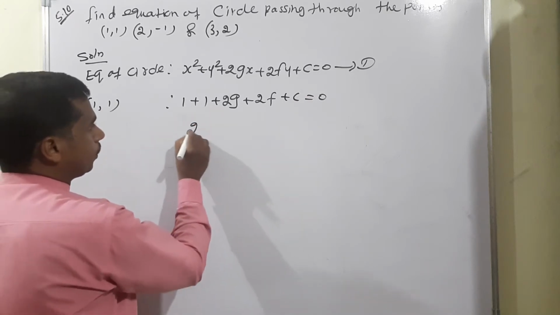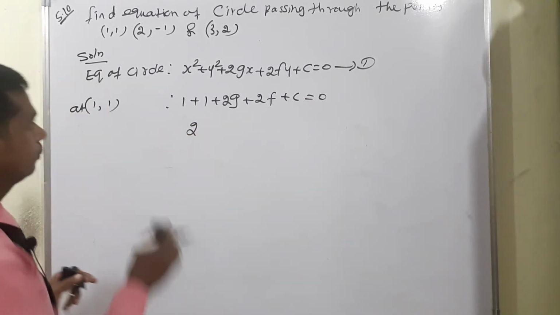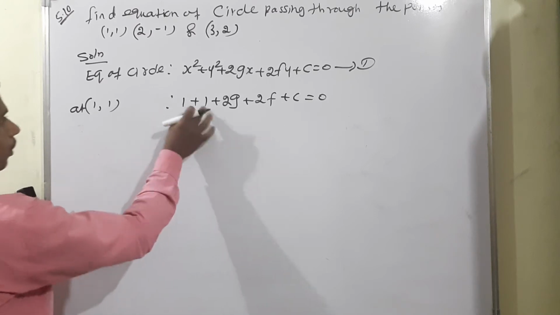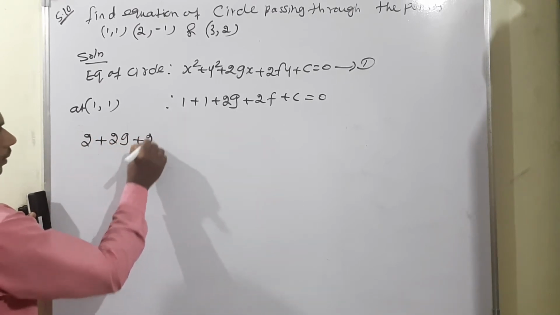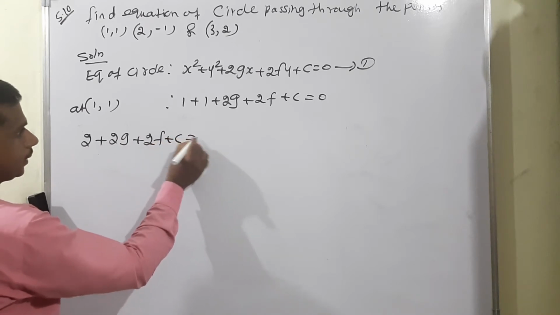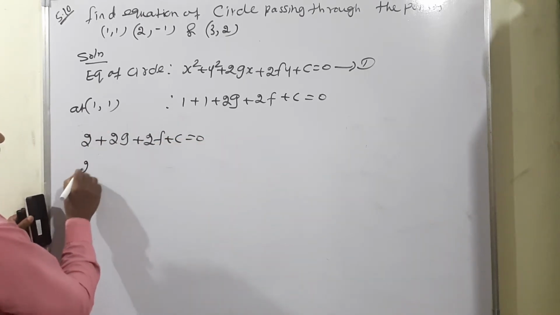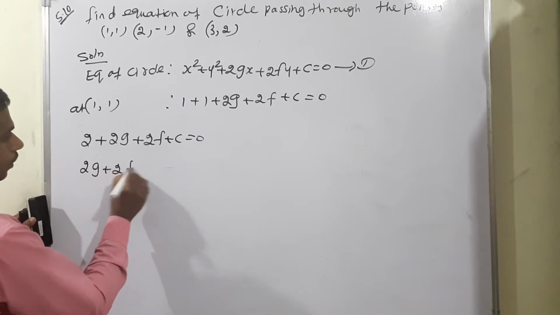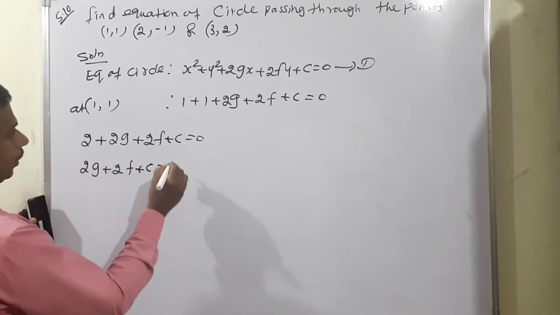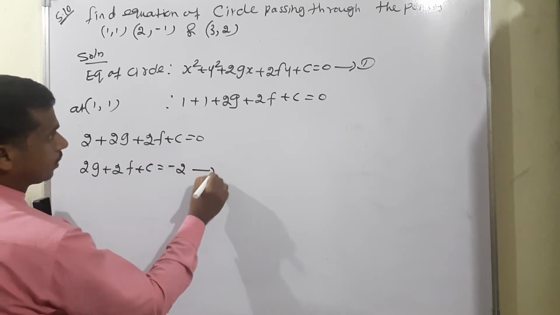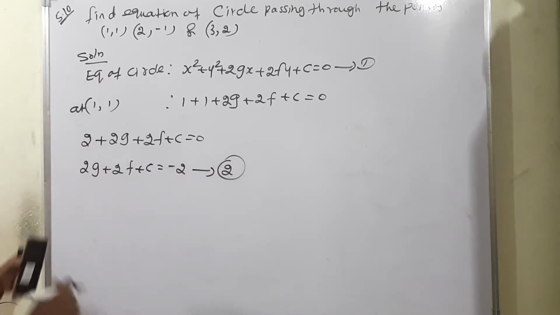Therefore 1 plus 1 is equal to 2. 2 plus 2g plus 2f plus c is equal to 0. Bringing the plus 2 to the opposite side, 2g plus 2f plus c is equal to minus 2. This is considered as equation number 2.